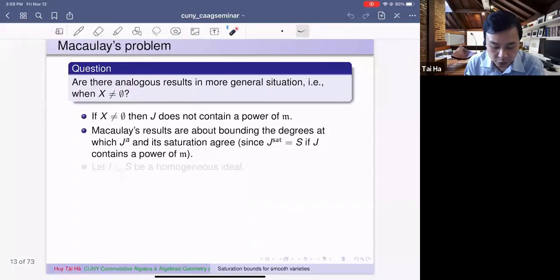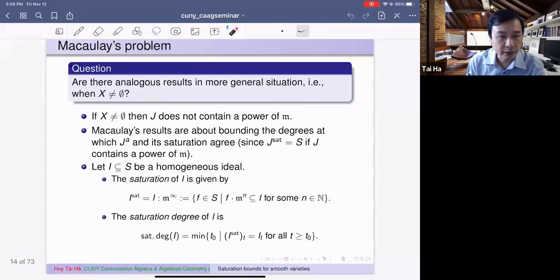So Macaulay's result should be viewed as a bound on the saturation degree of J and of its powers, and that's because when X is empty, J is M-primary. That's the same as saying that the saturation of J is the same as the polynomial ring itself.